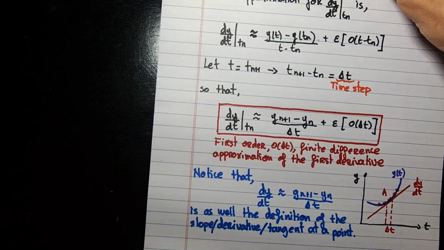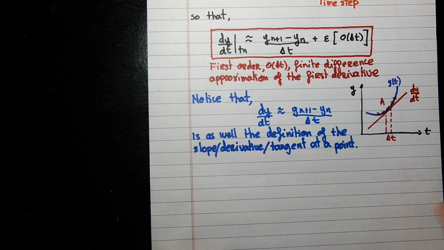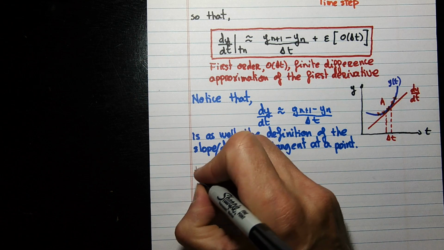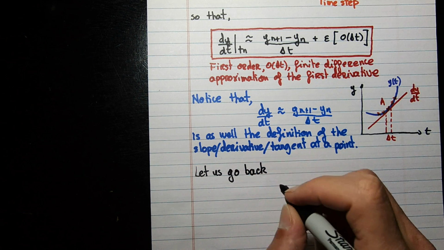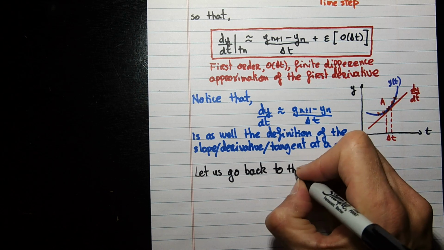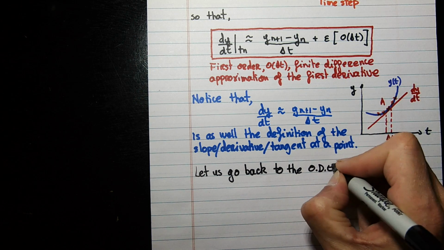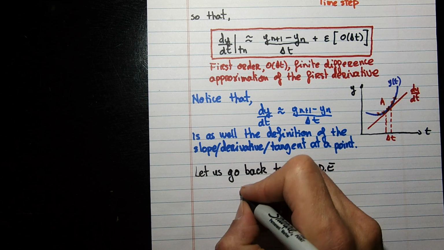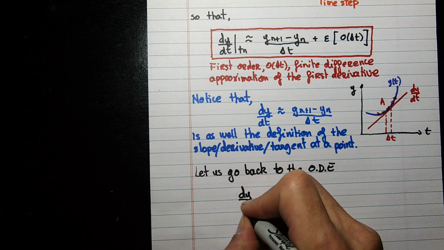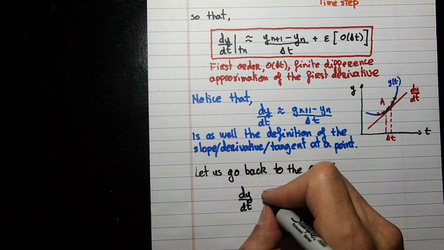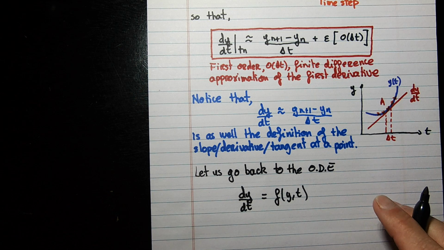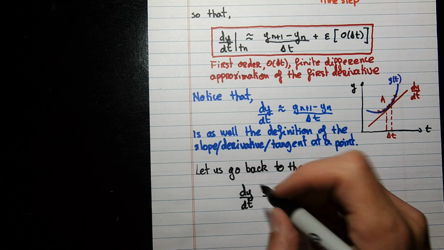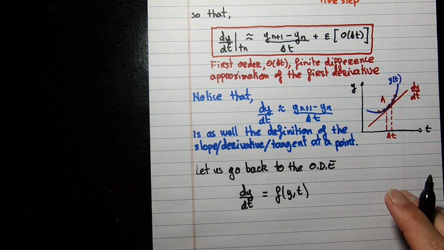Alright, but now remember what we're trying to do is to find the numerical approximation of the ODE. So let us go back to the ODE, to our initial ODE, which is what? dy/dt equal to f(y(t)). Okay, and if you want, we can leave it this way.